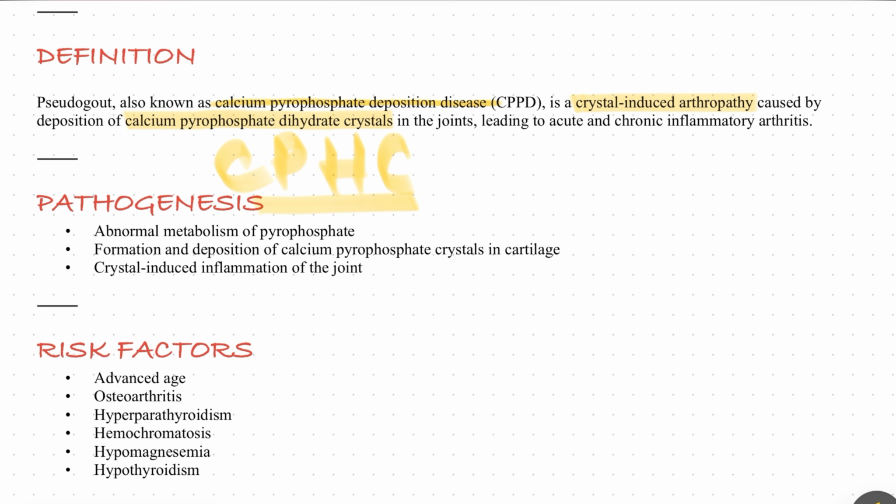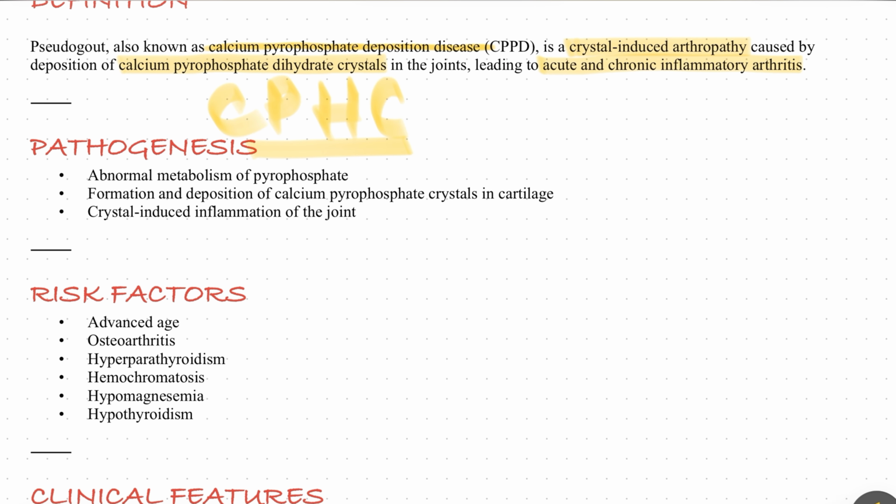Pause the video and think, what is the crystal deposited in gout? Use the comment section, I'll be checking it. Then CPPD crystals in the joints lead to acute and chronic inflammatory arthritis, just like gout.